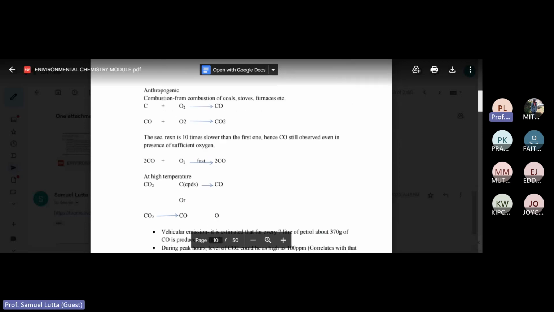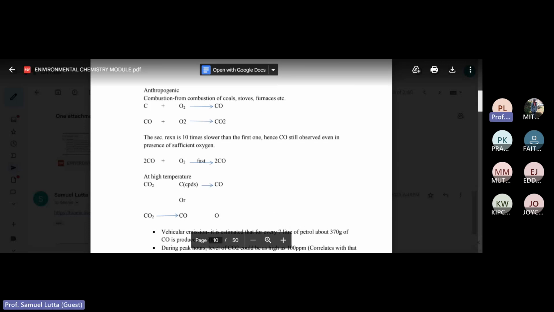Anthropogenic sources include combustion from coal, stoves, and furnaces. The problem we said is that when carbon combines with oxygen, you get carbon monoxide. The carbon monoxide can combine with oxygen to form carbon dioxide.